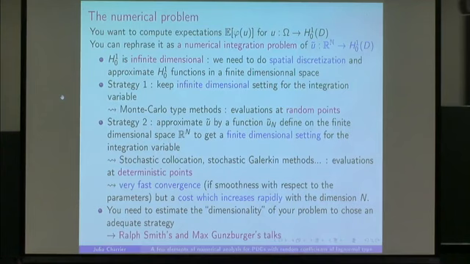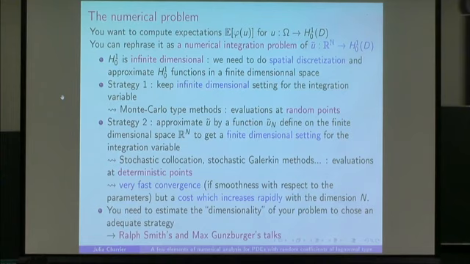And then you have two strategies. You can keep a finite-dimensional setting for the variable and use a Monte Carlo type method, where you don't mind the dimension here. That's the first strategy.